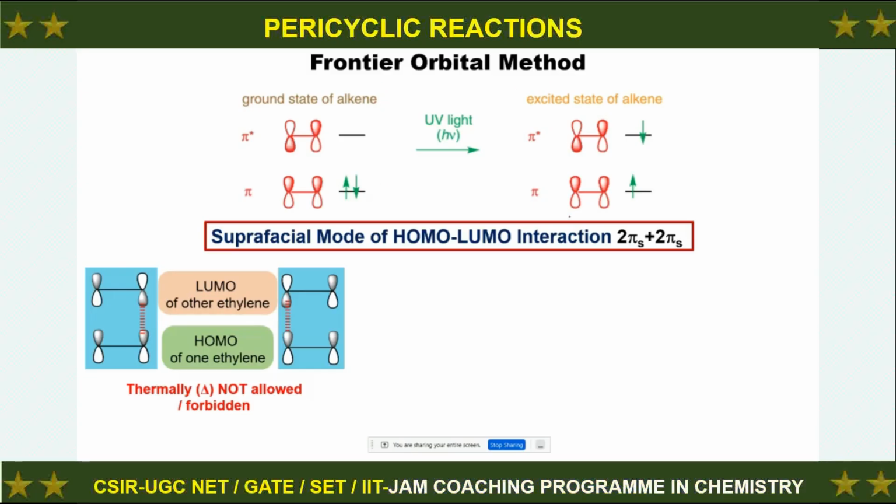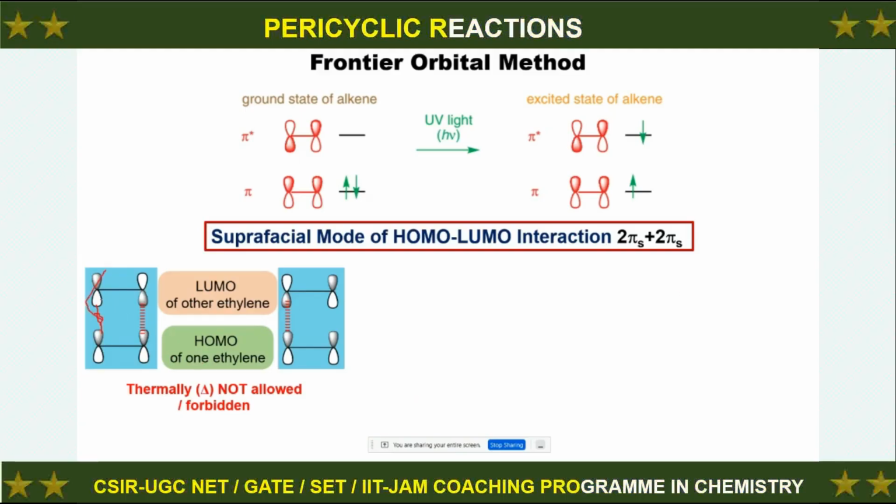I am not talking about the photochemical stage here, leave it. So this is the HOMO of one ethylene and the LUMO of the other. When these two approach suprafacially, on one side it forms a bonding interaction, but on the other side it does not, so that is the antibonding one.